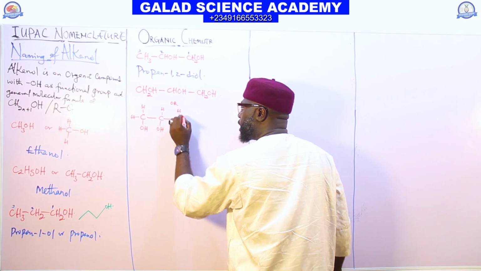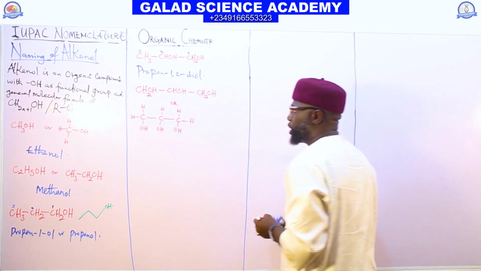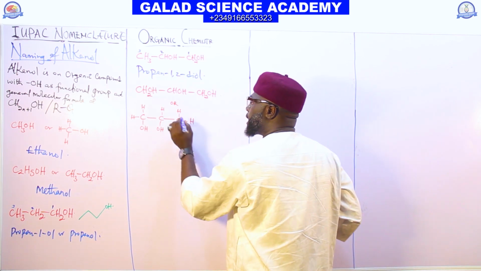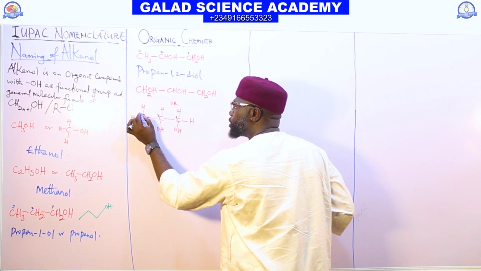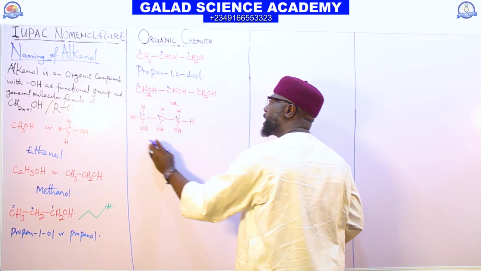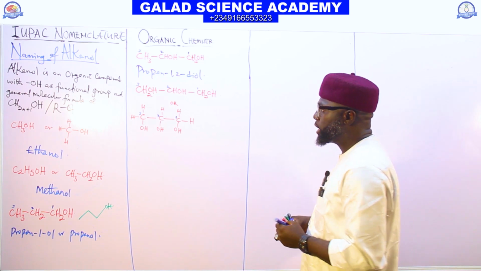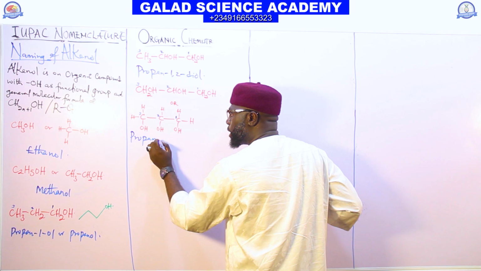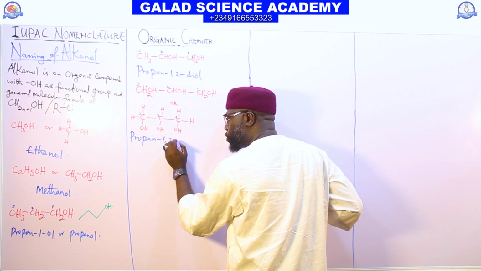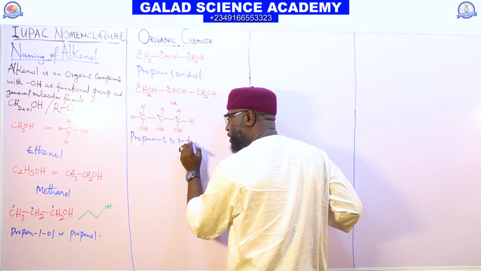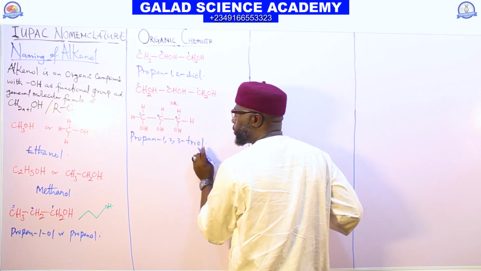CH2OH. You can observe that the first carbon, second, third, 1, 2, 3, they contain OH. So the name will be propan-1,2,3-triol, because we have 3 OH.